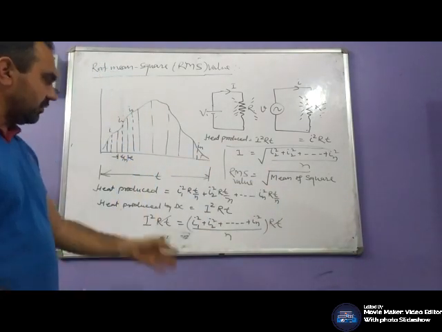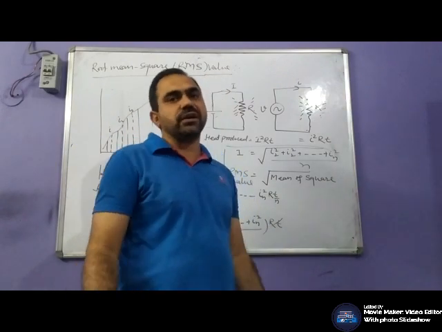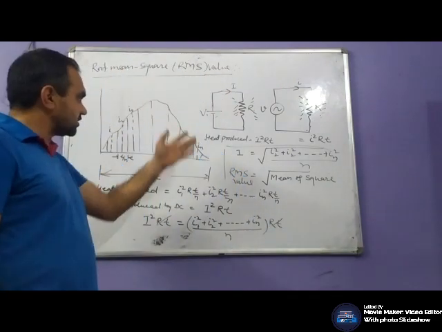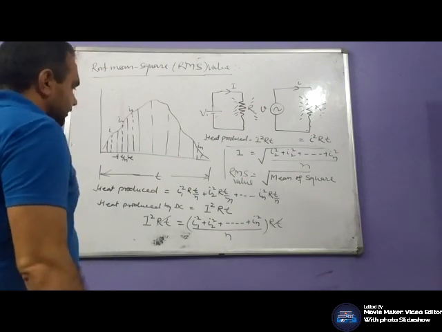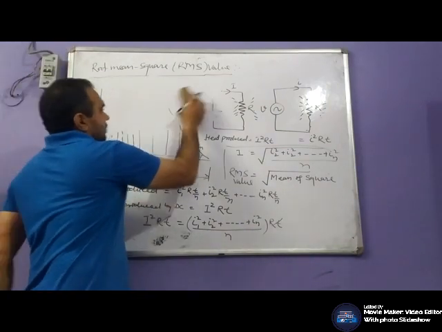Generally in our AC system, our wave shape is of sinusoidal nature. So let us observe what the RMS value would be in the case of the alternating quantity.